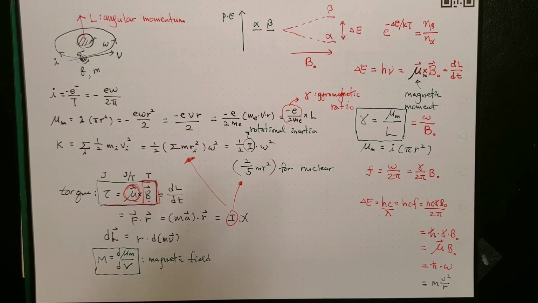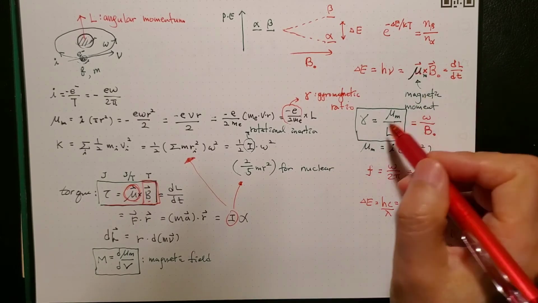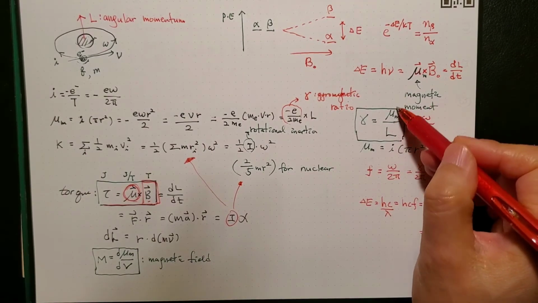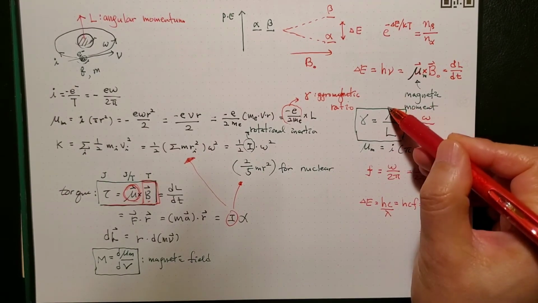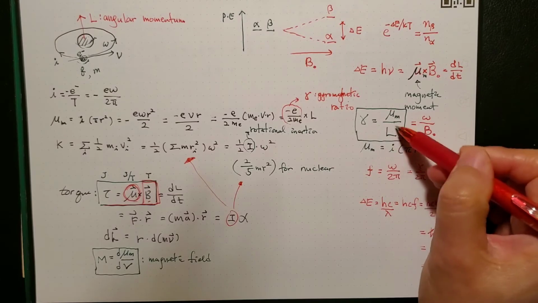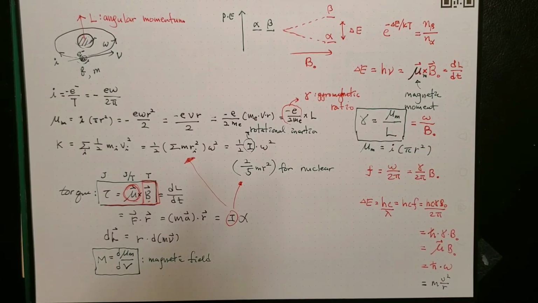And one other way of defining magnetic momentum is this. The ratio of magnetic momentum in the same motion with this much of angular momentum. The difference is both are created by same body.